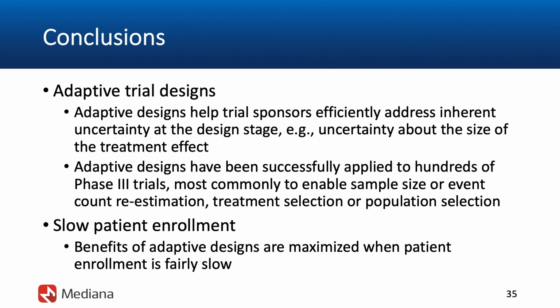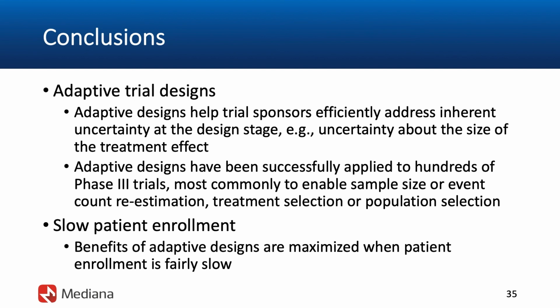We will begin with a general discussion of the reasons why adaptive designs have become so popular in confirmatory or phase 3 clinical trials, because they do help trial sponsors efficiently address inherent uncertainty at the design stage.